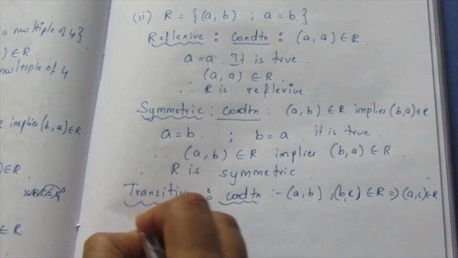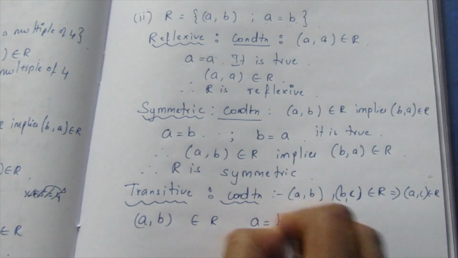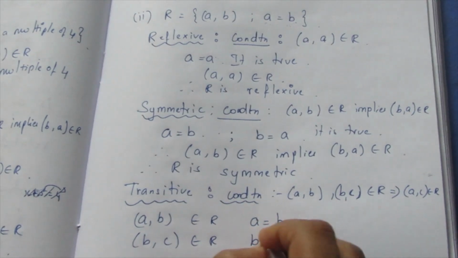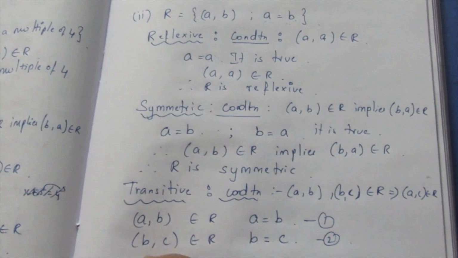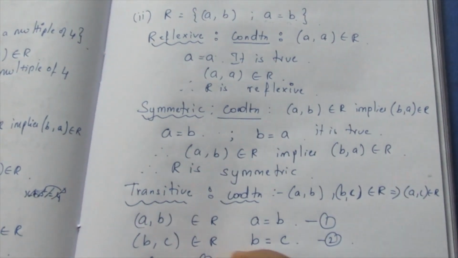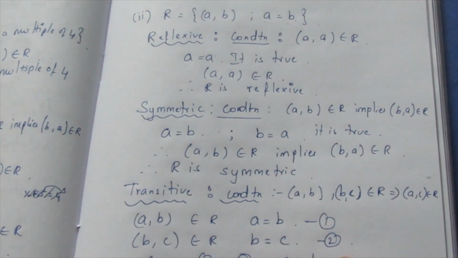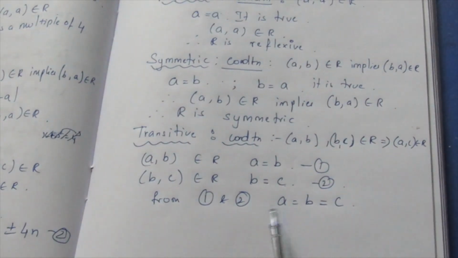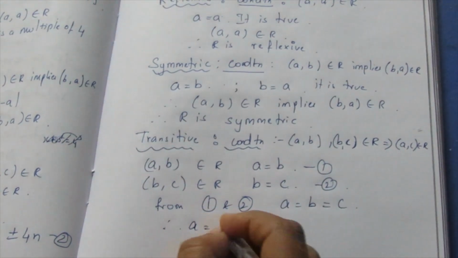If A comma B belongs to R, we know that A is equal to B. If B comma C belongs to R, we know that B is equal to C. So from 1 and 2 we know that A is equal to B and B is equal to C. So everything is equal here. That means A is equal to C.